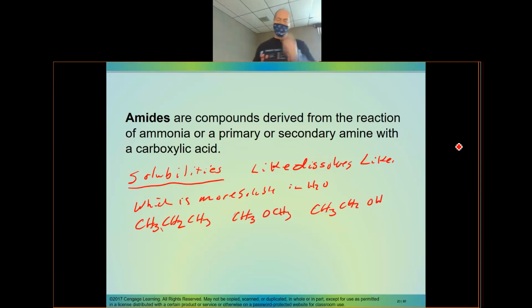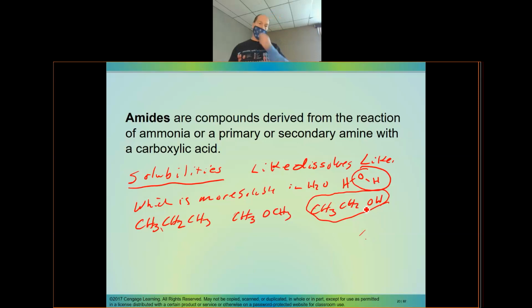All right, and so when you're looking at water, you have H, you have O, you have H. Like dissolves like. If you can find anything that has an OH, that is going to look very similar to your water. And of course, you have that, and that is your alcohol. So the most soluble is going to be the one that looks most like water. Least soluble is the one that looks the least like water.